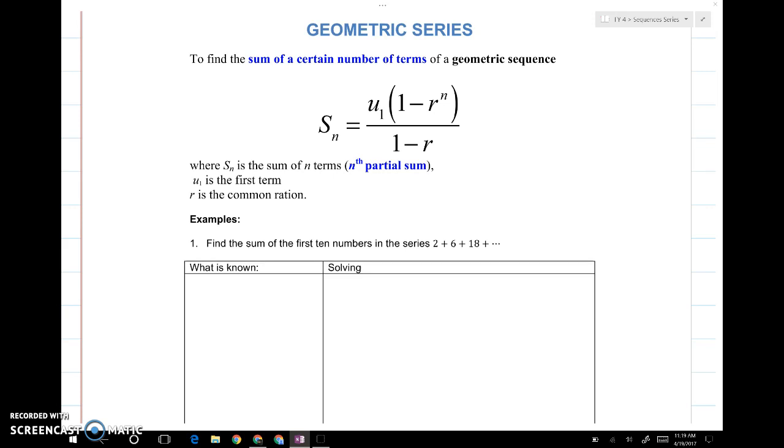Again, Sn is the sum of the certain numbers. So same as before, U1 is the first term. R is the ratio. And N is the number of terms. So again, the variables in the notation should look familiar to you.